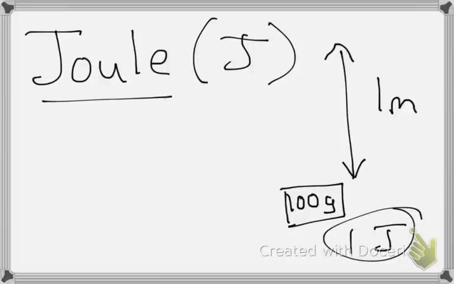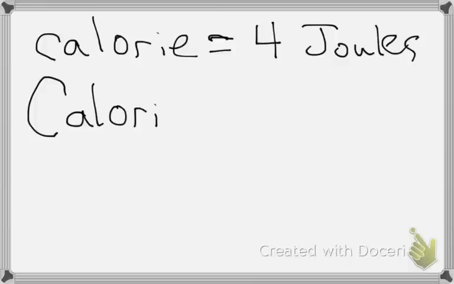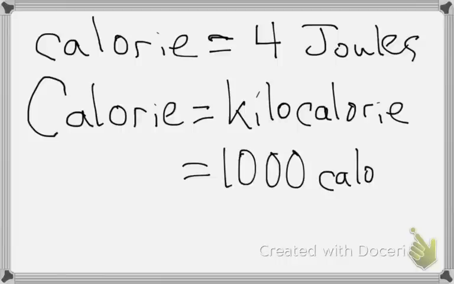Okay. Another unit of energy that's commonly used is the calorie. Now a calorie is equal to approximately 4 joules. Now you've probably heard of calories, which we use to measure the energy stored in food. Actually, the calorie that we use in food is a capital C calorie, also known as a kilocalorie, or 1,000 little c calories.